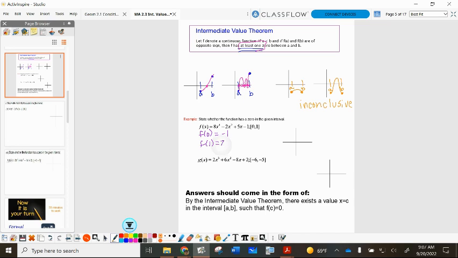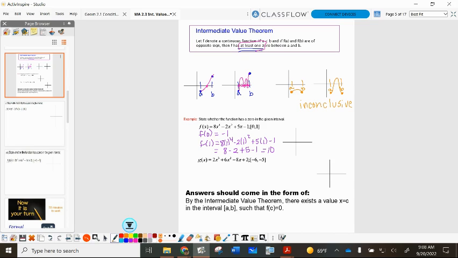Plugging in 1, that's 8 times 1 to the 4th, minus 2 times 1 squared, plus 5 times 1 minus 1. So that's going to be 8 minus 2 plus 5 minus 1. So we have 13 minus 3, so that's going to be 10.